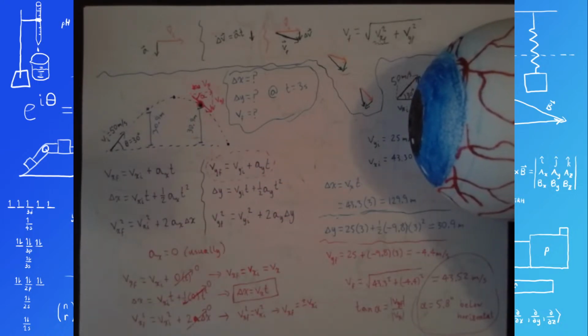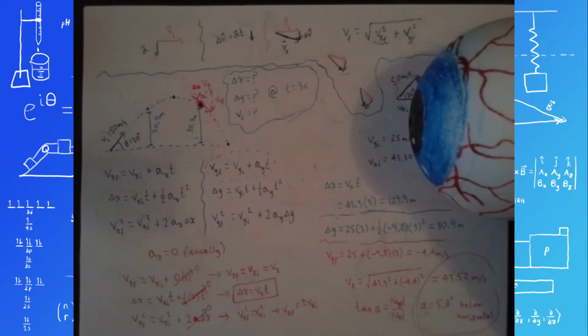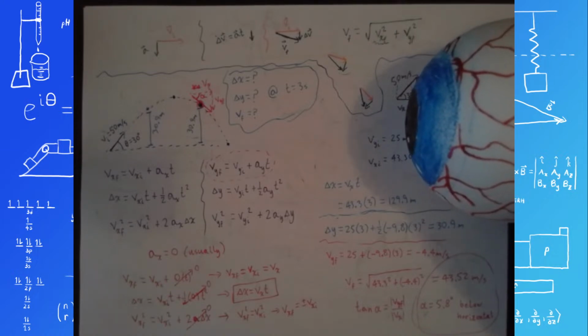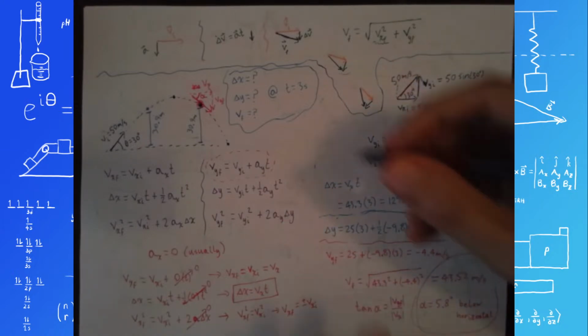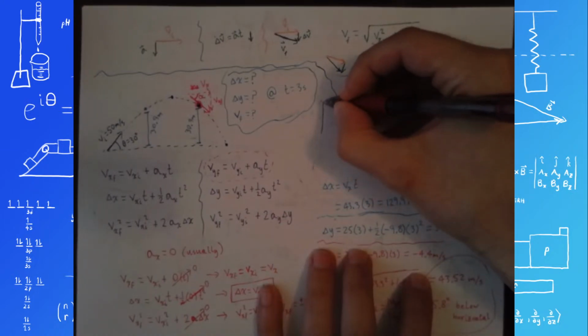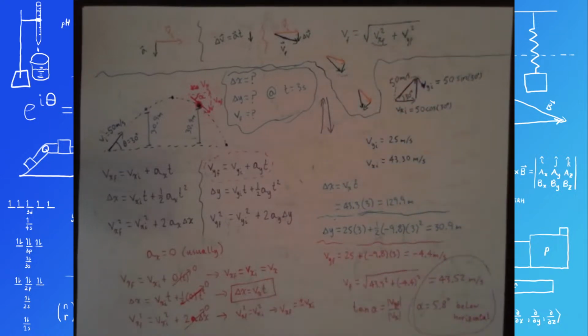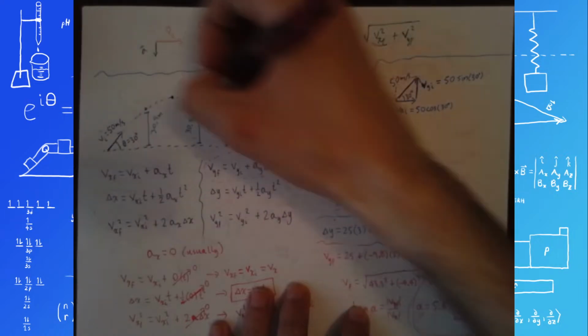What the eyeball does see, however, is something going straight up and straight down. As far as the eyeball can tell, the only thing that's happening in this case is free fall. So the eyeball, when it's positioned over here, the only thing the eyeball sees is this followed by this. That's what the eyeball sees when it looks at this situation.